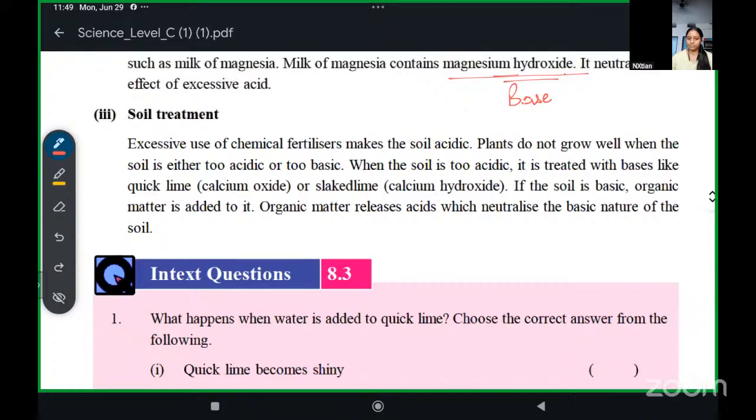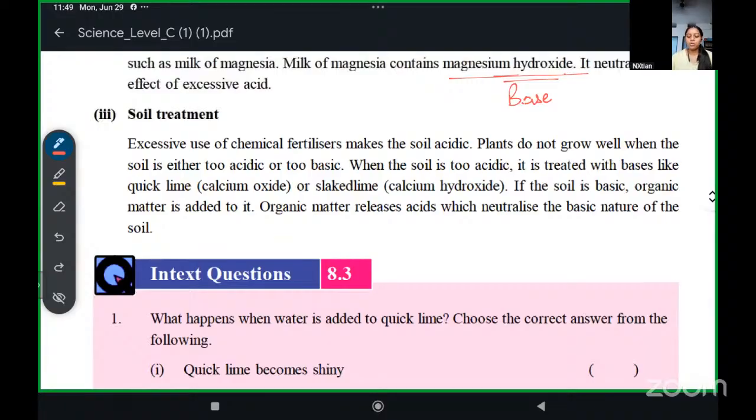But sometimes these fertilizers are made up of chemicals, and when too much of these chemical fertilizers are added, too much acid is trapped in the soil and it becomes acidic in nature.